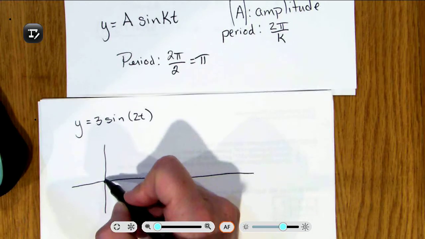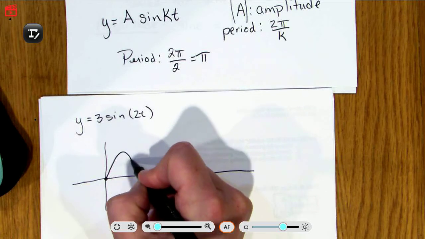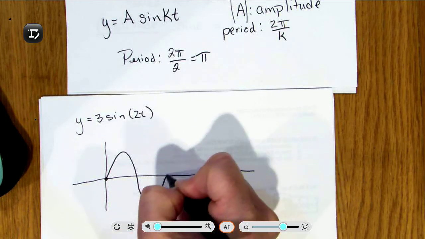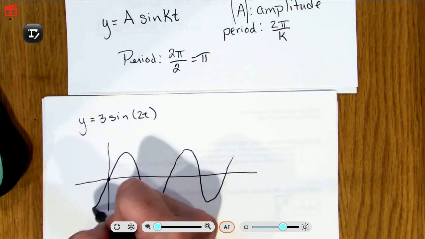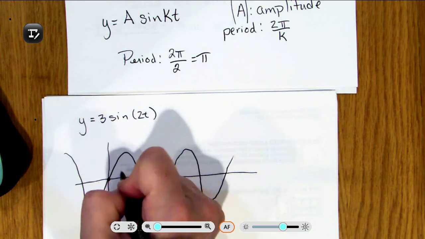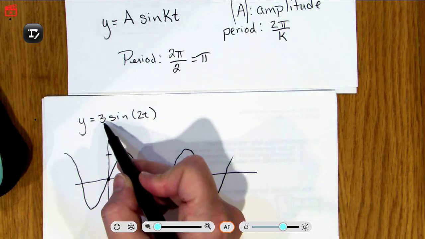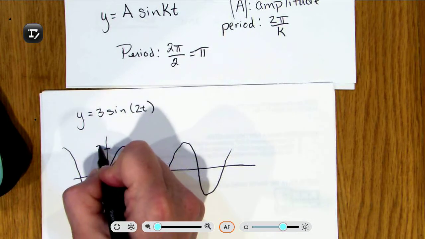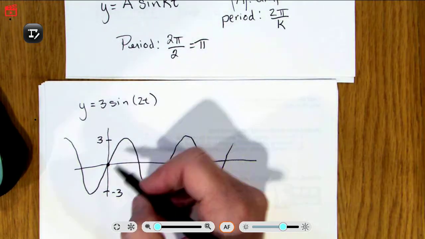I'll throw a negative value in later. So we're still going to have that up, down, continuing on and on in both directions. However, instead of going up to 1 and down to negative 1, that's changed by this 3. So we will be going up to 3 and down to negative 3.